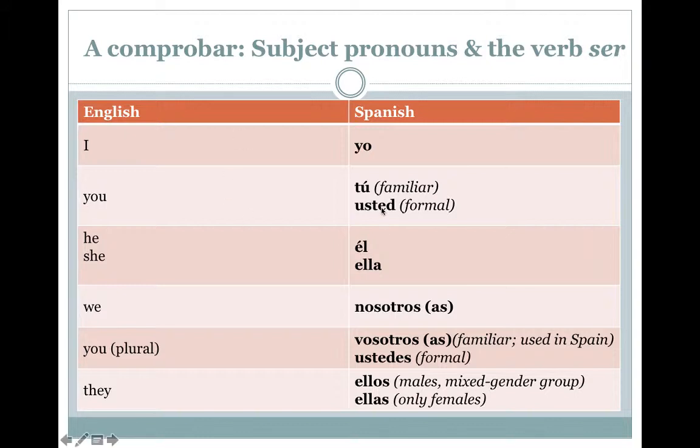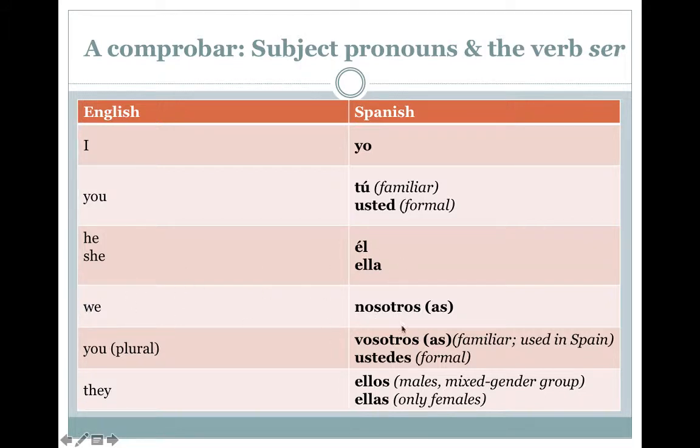And then we have usted, which is the more formal way of saying you. So again, when we're asking our professors or people who are older than us, people we want to show respect to, we're going to say ¿cómo está usted? And not ¿cómo estás? You have él, which means he, ella, which means she. You have nosotros, which means we.